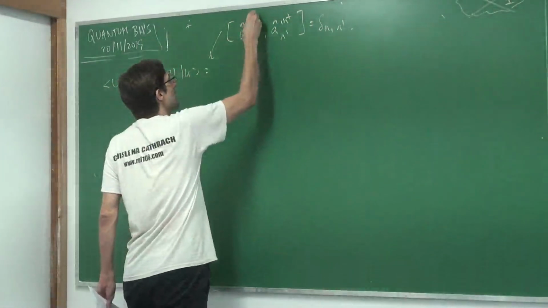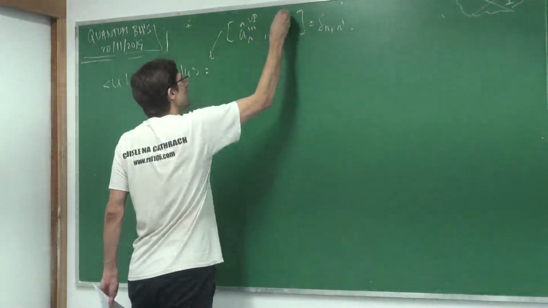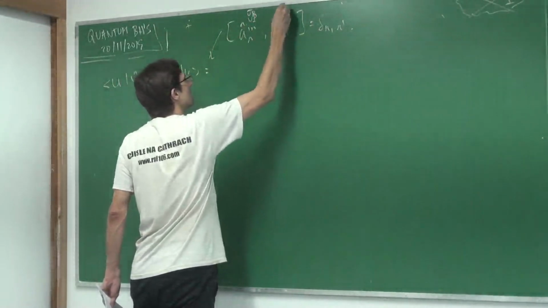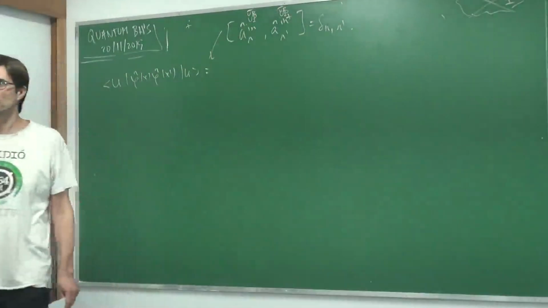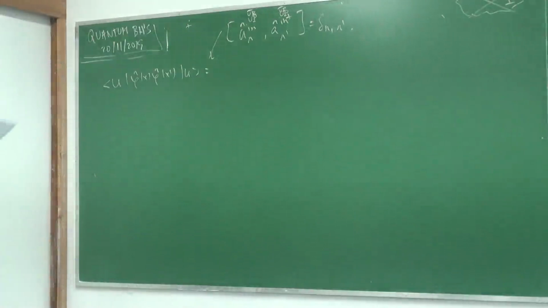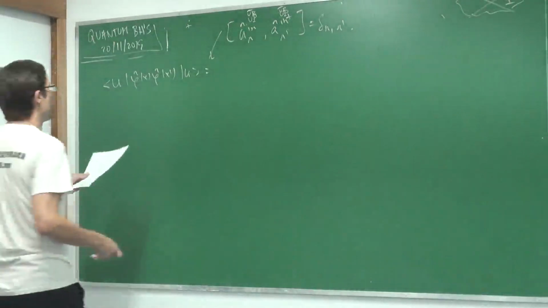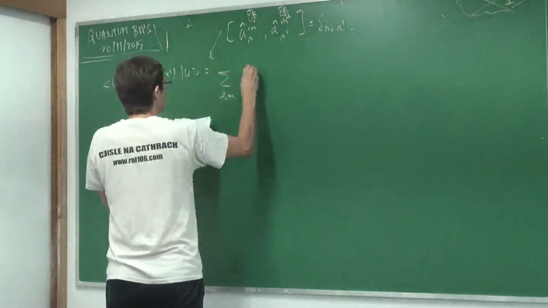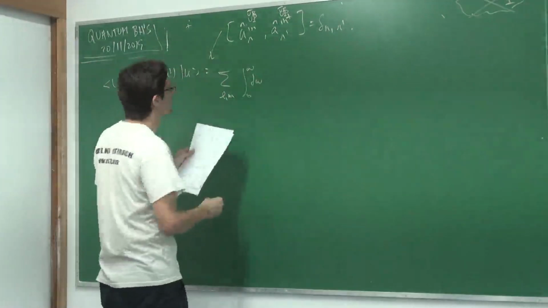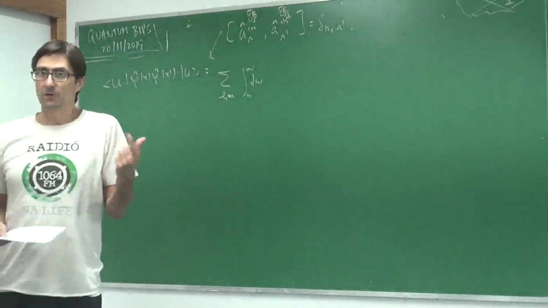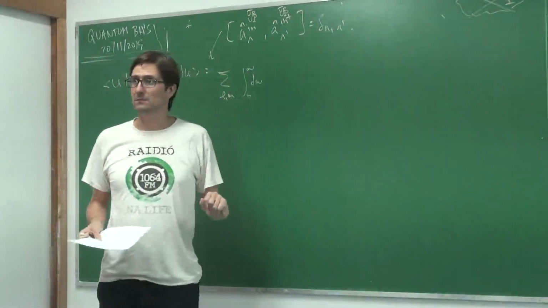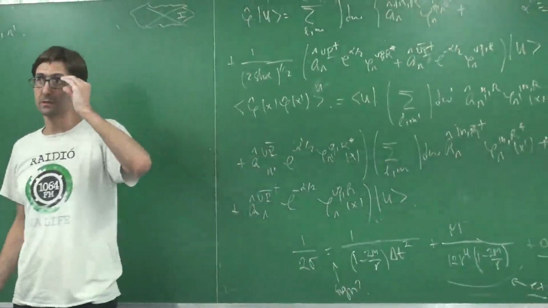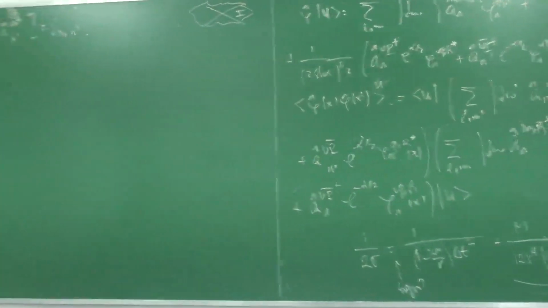This is also true for capital op, and it is also true for capital op R. Replace in by capital op, or capital op bar. So now you do that, and all you get is a delta that will allow you to go through one of the sums and integrals.